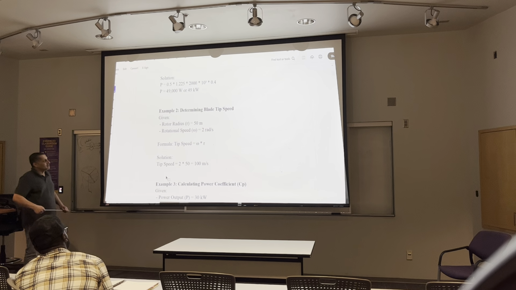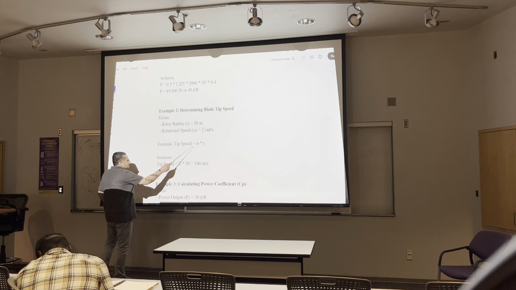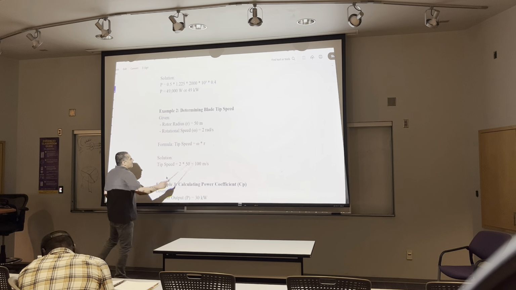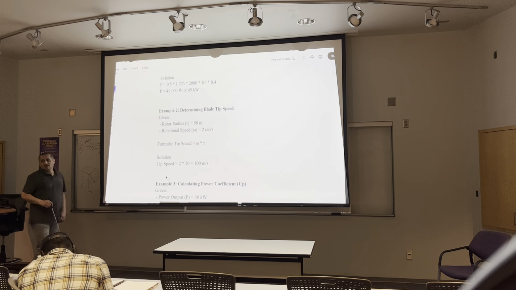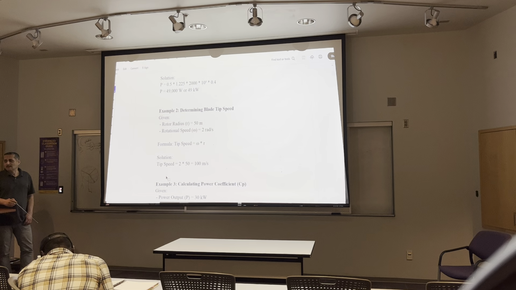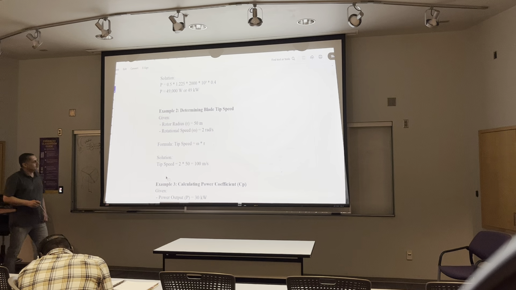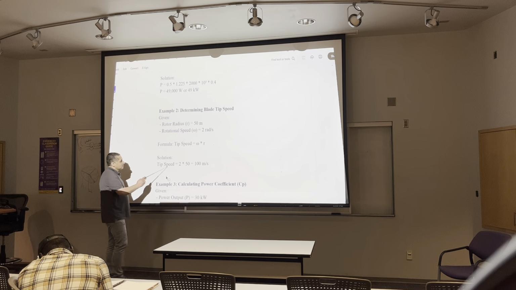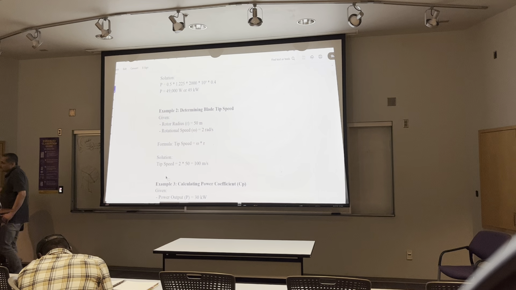You can get the tip speed by multiplying omega by R. Omega, radians per second, times R, 50, gives tip speed equal to 100 meters per second.